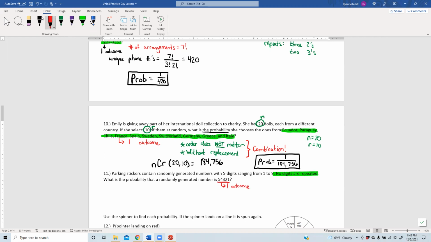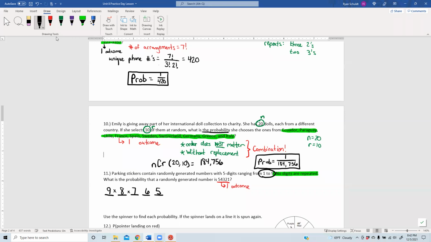So it's a 5-digit number. Draw 5 blanks. And our digits range from 1 to 9 that we can choose from. So for the first digit, there's 9 options. No digits are repeated. So that means we're going to have 8 options, then 7, then 6, then 5.